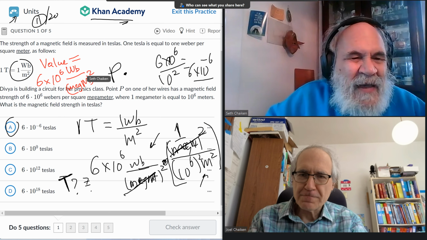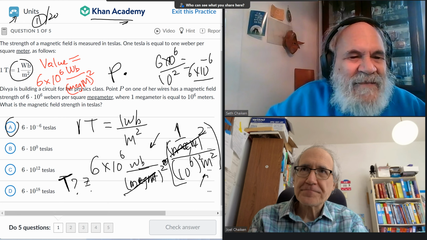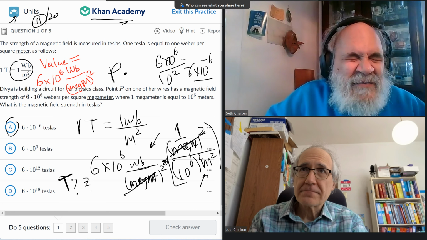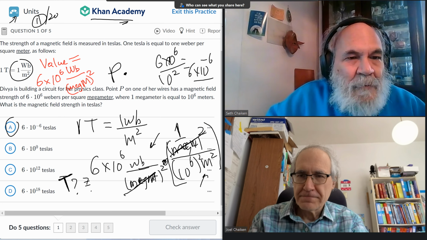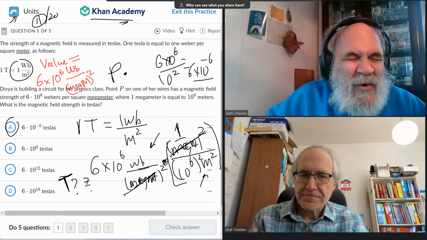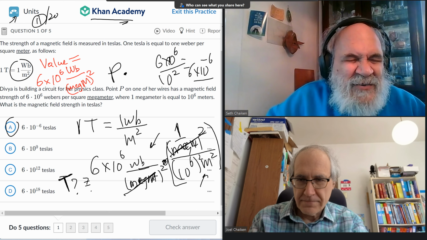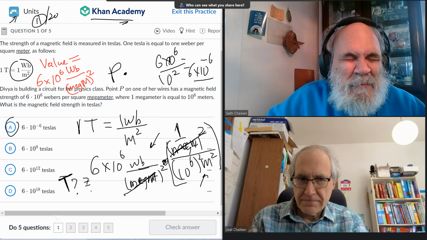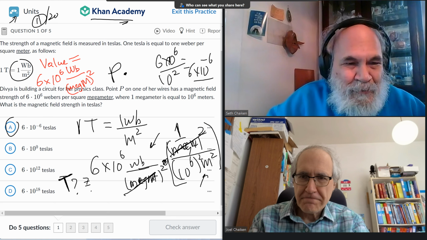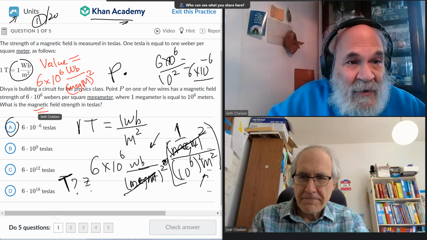Right. And we're interested in what is the value in Webers per, not megameter squared, but meter squared? Right. So here's my thought.